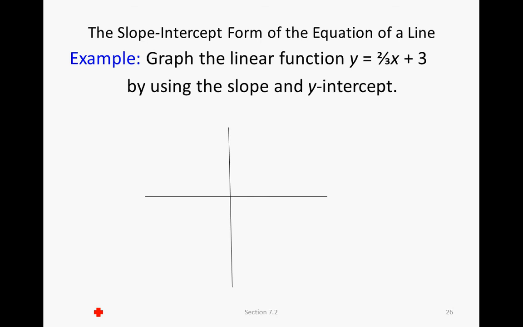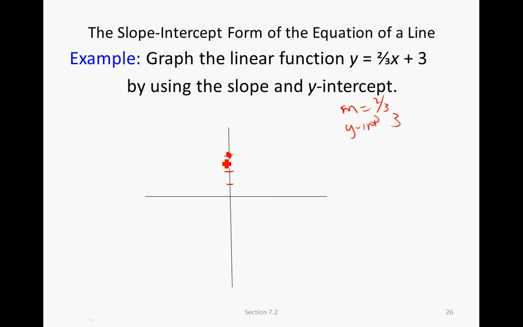y equals 2/3 x plus 3. So the slope, m, is 2/3, and the y-intercept is 3. The y-intercept is where it crosses the y-axis. So this graph crosses the y-axis at y equals 3.